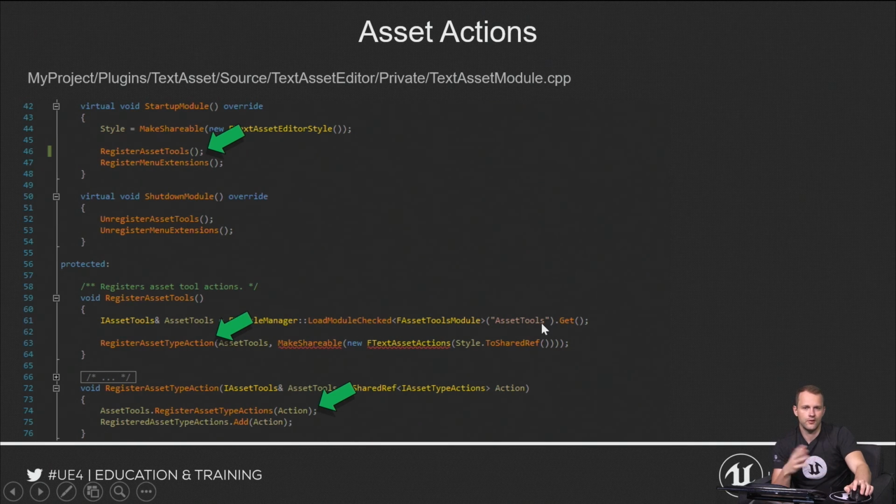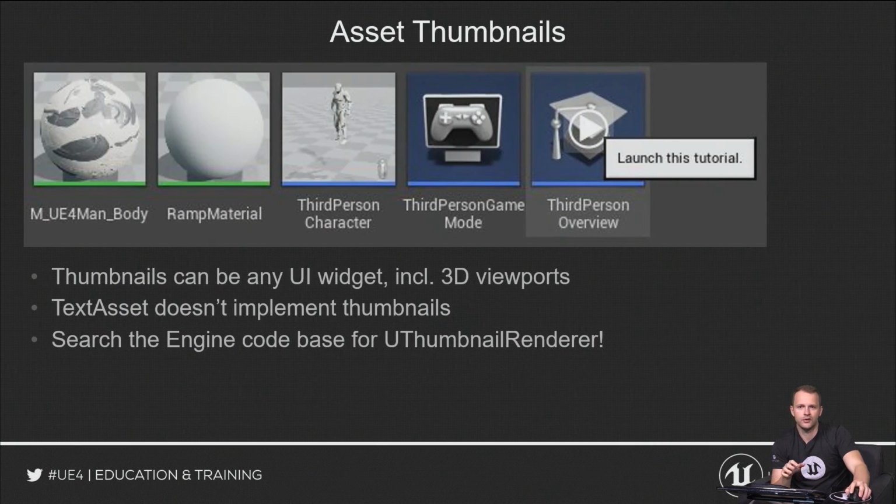That's the module that maintains a registry of all the asset tools that are known to the editor. And then we tell that module that we wish to add our own action of type FTextAssetActions. And yeah, that's really it. So at this point, our asset type action is ready to use. We were able to customize the colors, the display text, the tooltips, the context menus, etc.